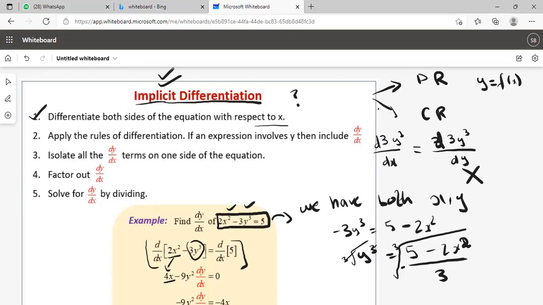This is why we are using implicit differentiation. So keeping it short, whenever you are applying implicit differentiation and you come across this point where you have to differentiate 3y cubed or any function of y with respect to x, you will use the chain rule. We will practice questions after this, so you will get a better idea, okay?